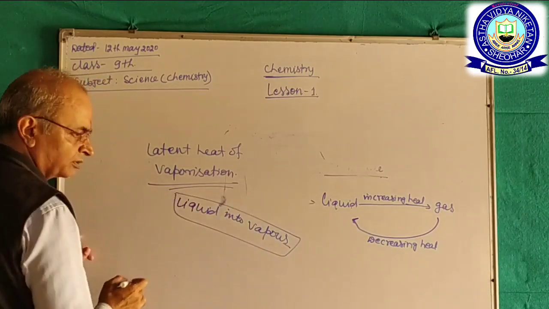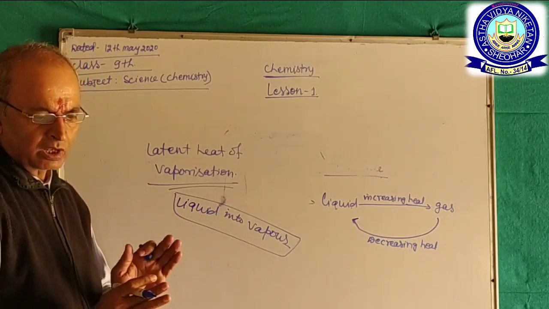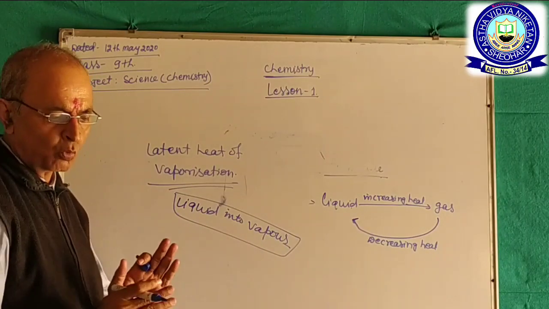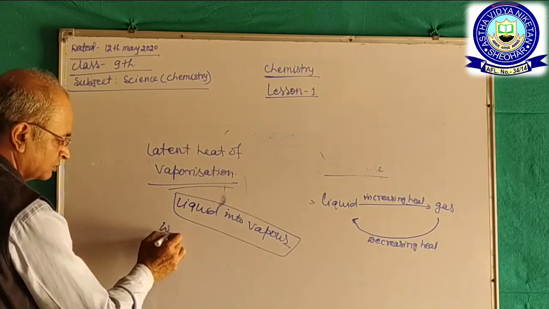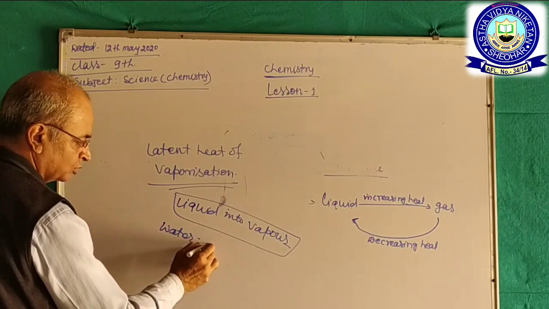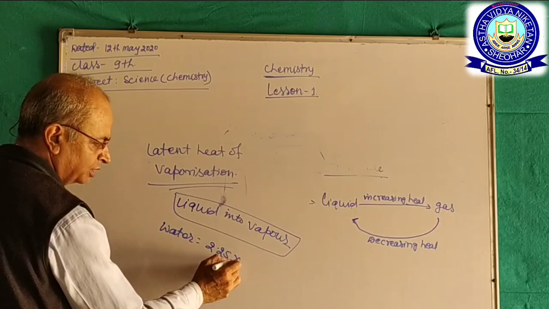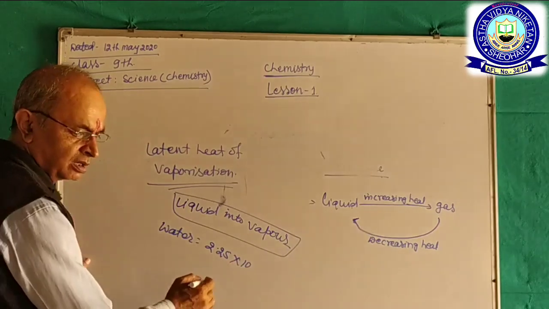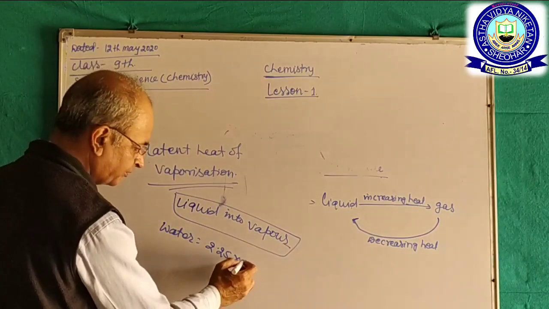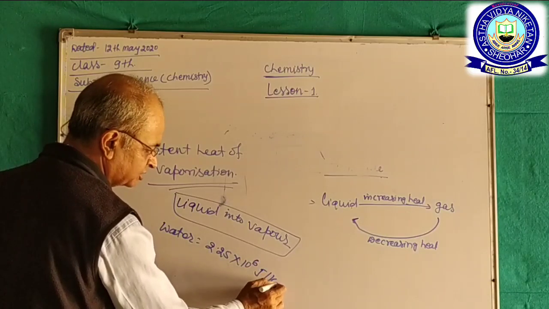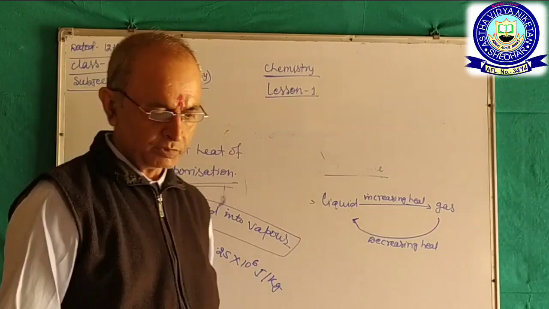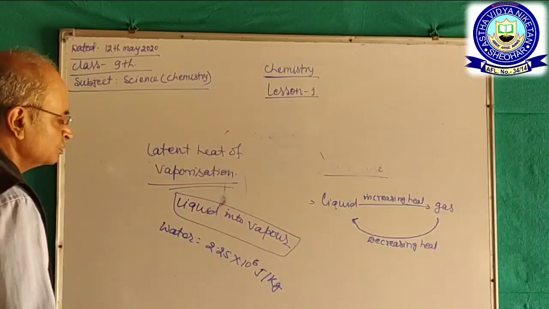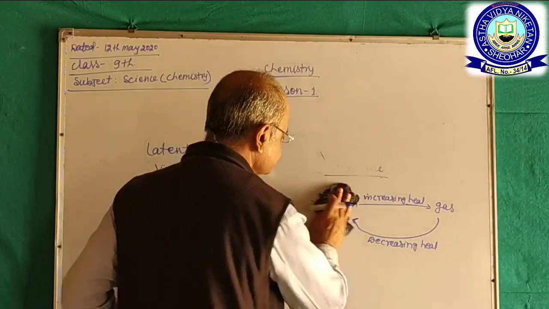Liquid into vapor. The latent heat of vaporization of water is 2.25 into 10 to the power 6 joule per kg. Now, boiling.